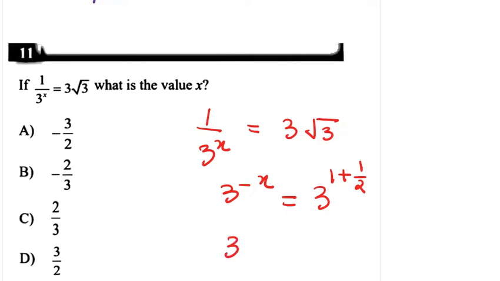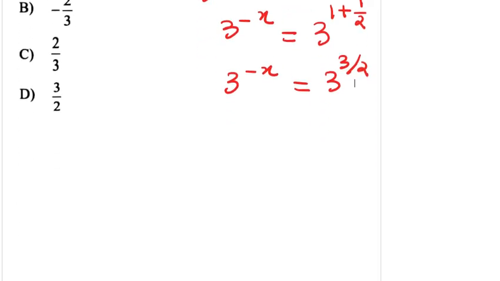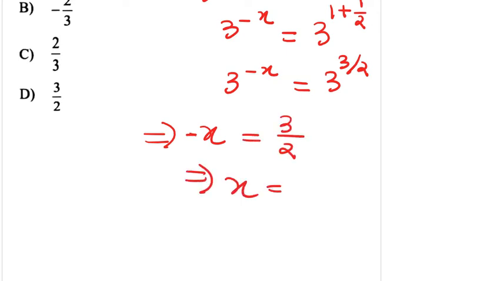That is 3 to the power negative x is equal to 3 to the power 3 by 2, correct? You add them. So that implies minus x is equal to 3 by 2, that implies x is equal to minus 3 by 2.